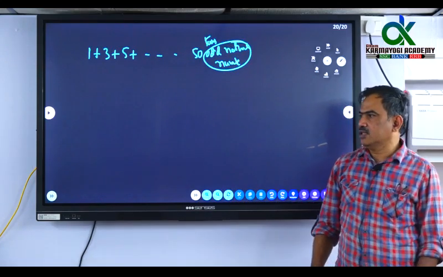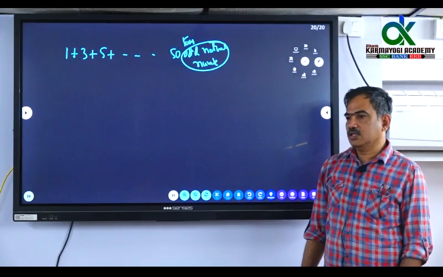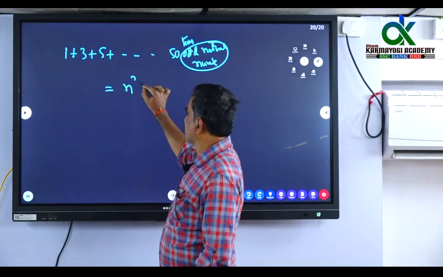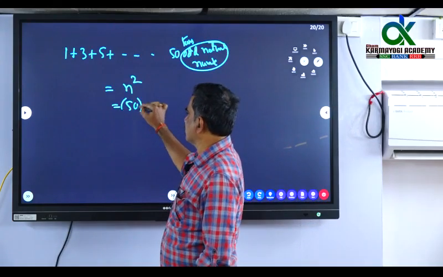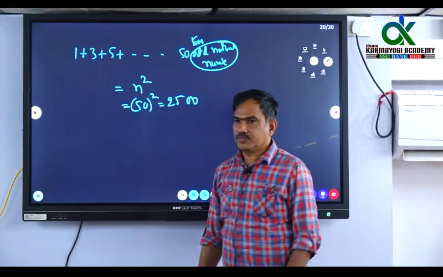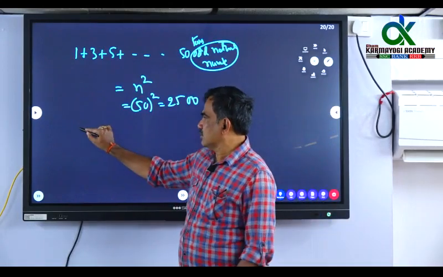Find the sum of 50 odd natural numbers. What is the formula for this one? n square. So, the answer is 50 square, which is equal to 2500. Very simple question.